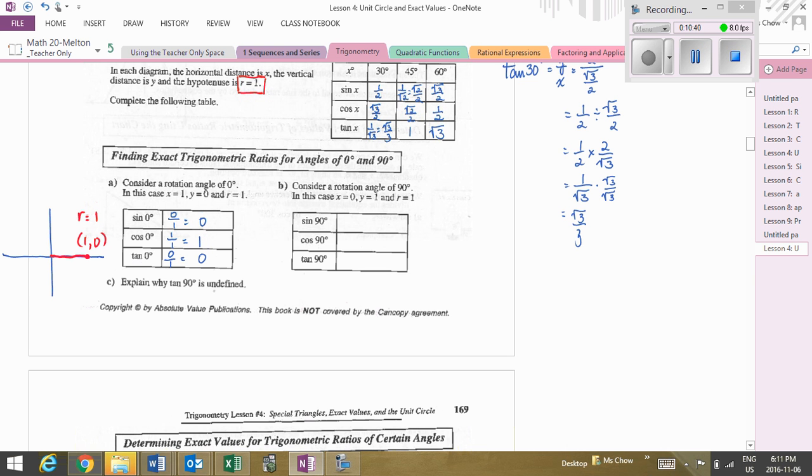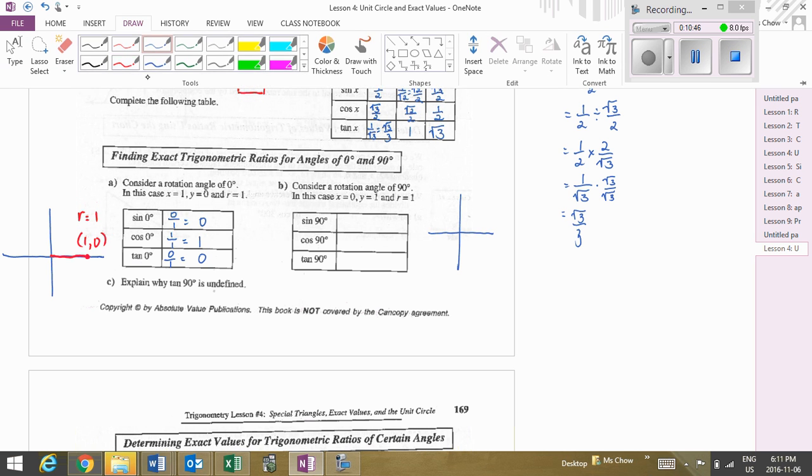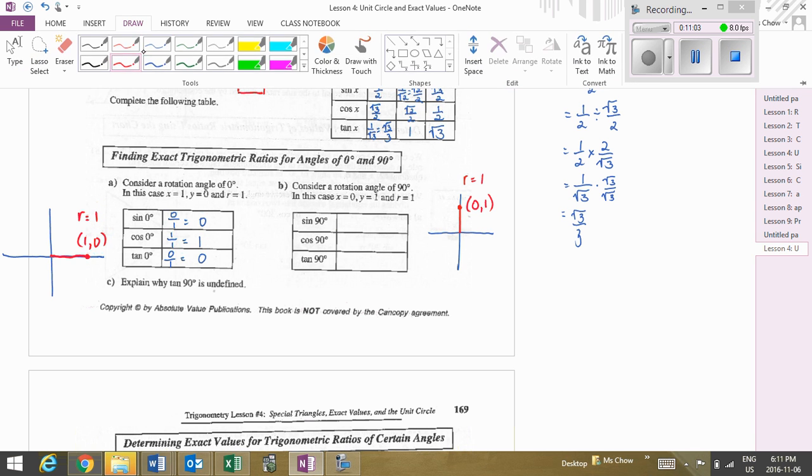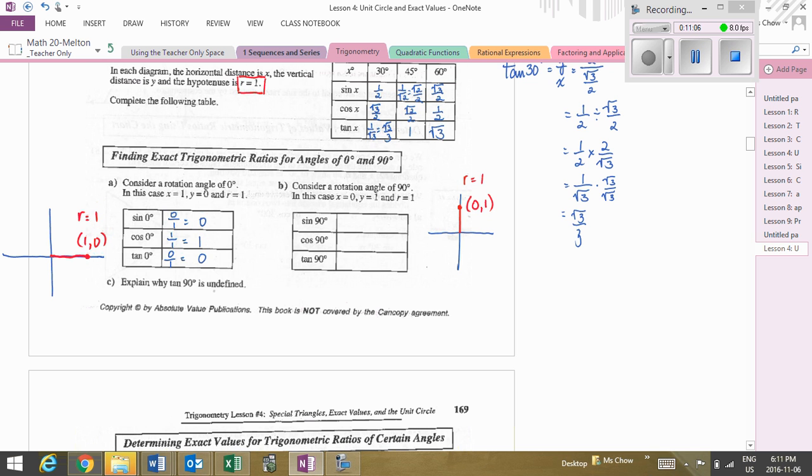If we look at 90 degrees, and again, if this was the unit circle with a radius of 1, then our terminal arm is on the positive y-axis, and we're looking at coordinates of 0, 1, so x is 0, y is 1, and of course r is 1. So sine of 90 degrees is going to be y over r, so that is 1 over 1, which is 1.